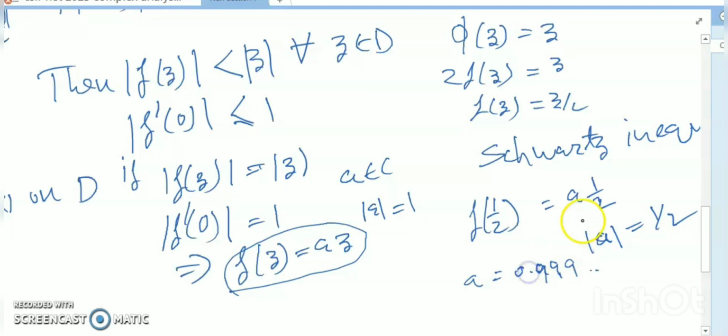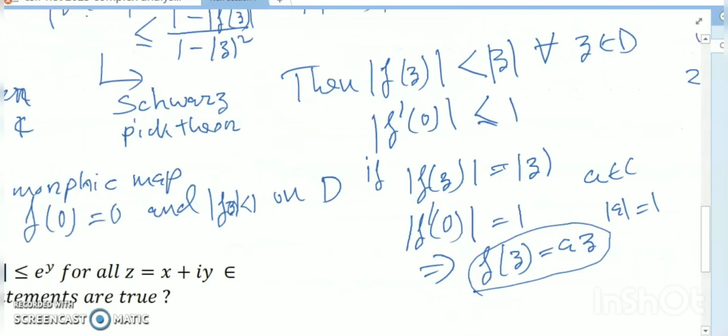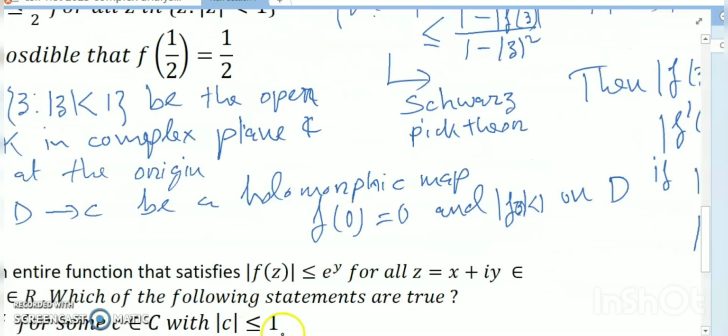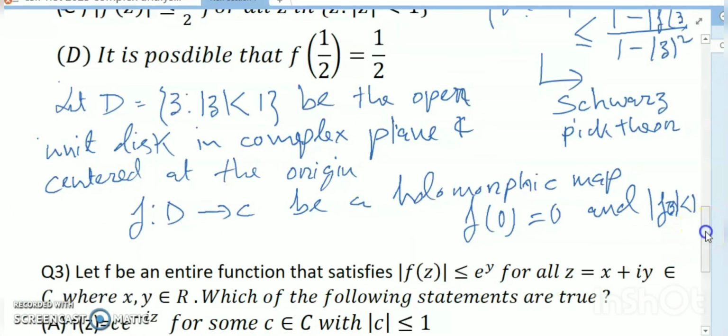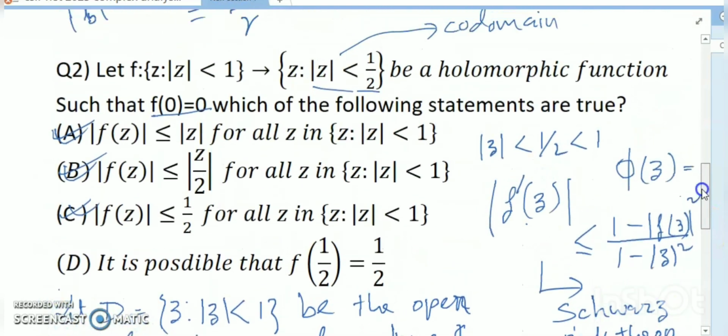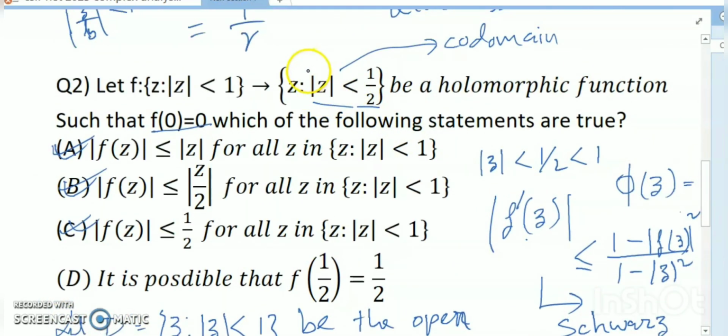In this case we see that it is out of the range, out of the codomain, where the codomain means mod of f(z) is less than half.